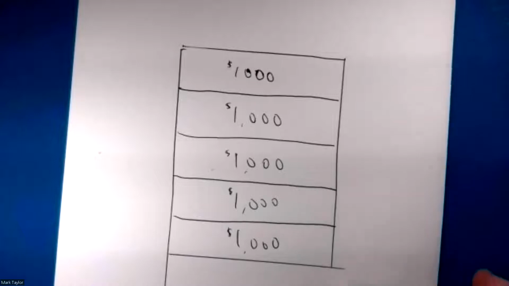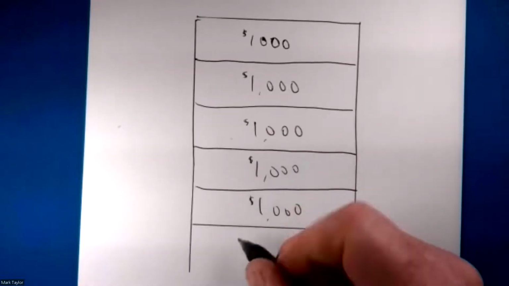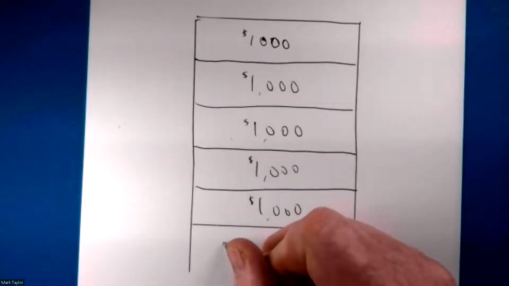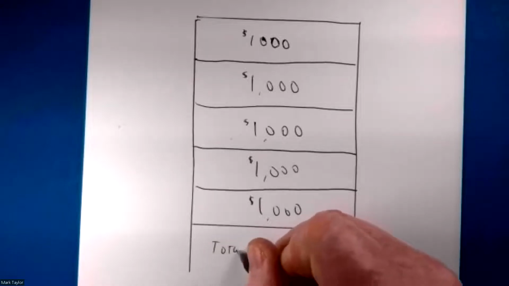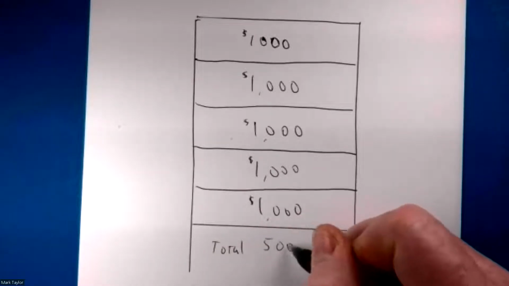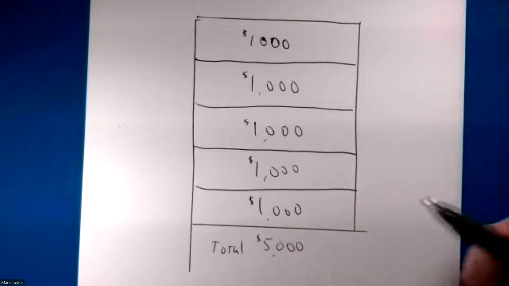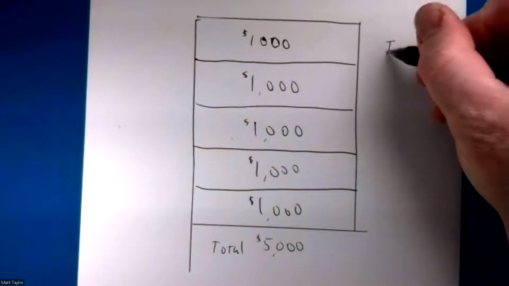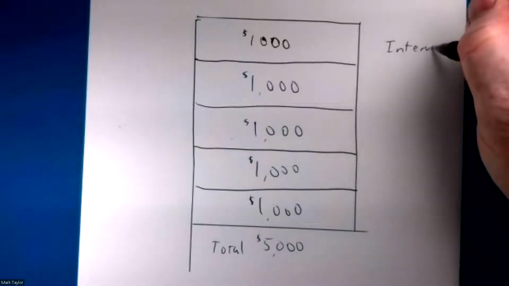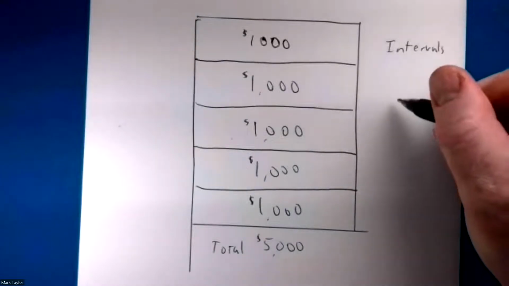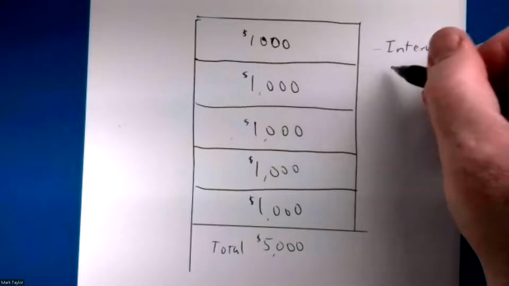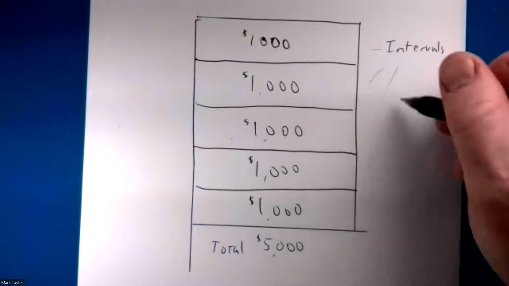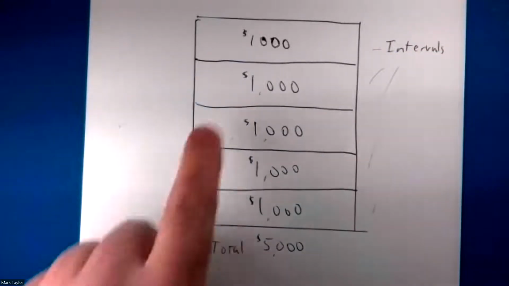So the total of these is 5,000. These are called intervals, by the way. So these are $1,000 intervals.